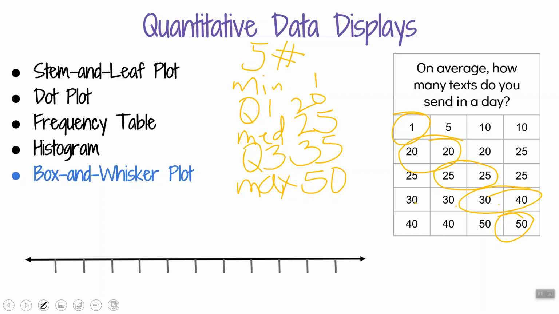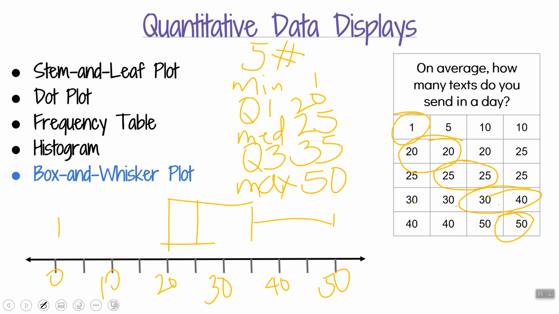So then you're going to graph them out. 30, 35, 40, 45, 50. One would be a mark at 20, a mark at 25, a mark at 35, and a mark at 50.